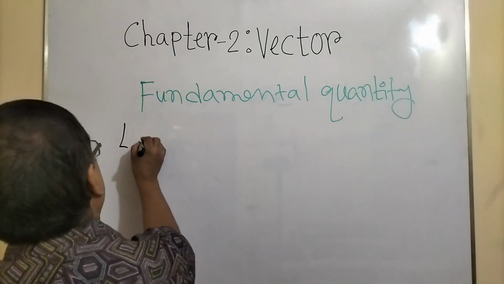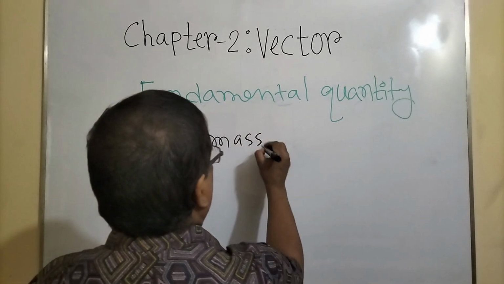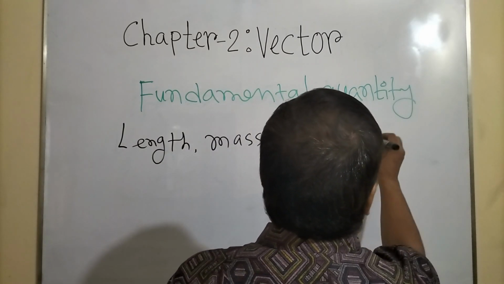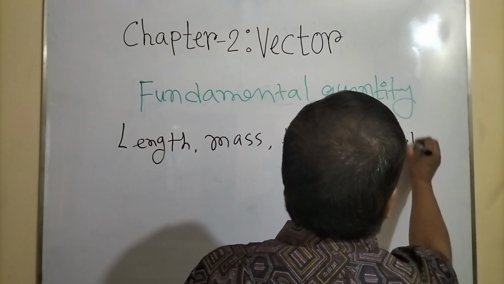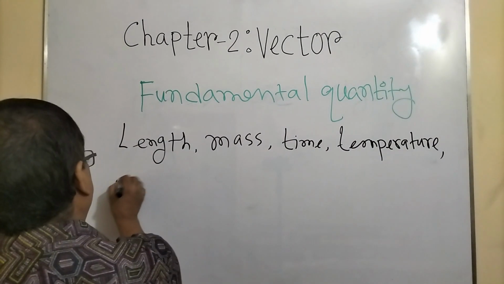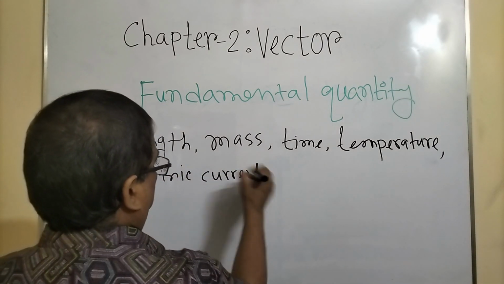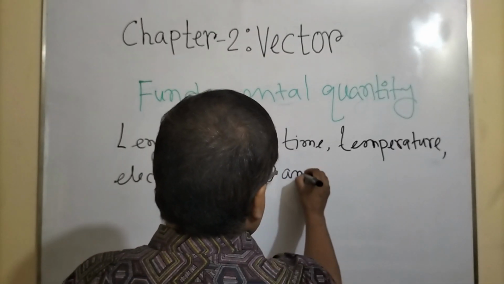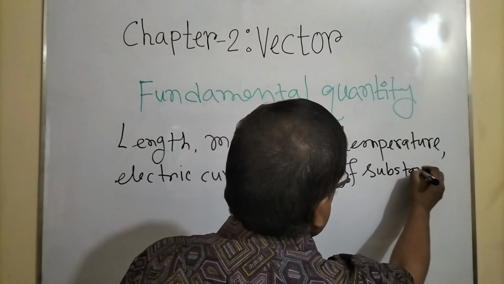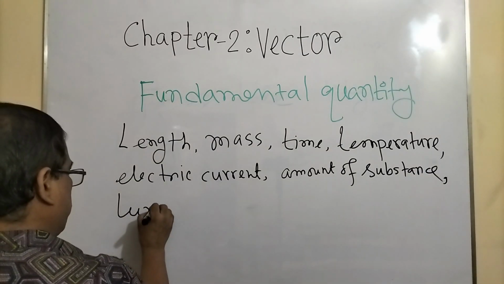For example, length, mass, time, temperature, electric current, amount of substance, luminous intensity.